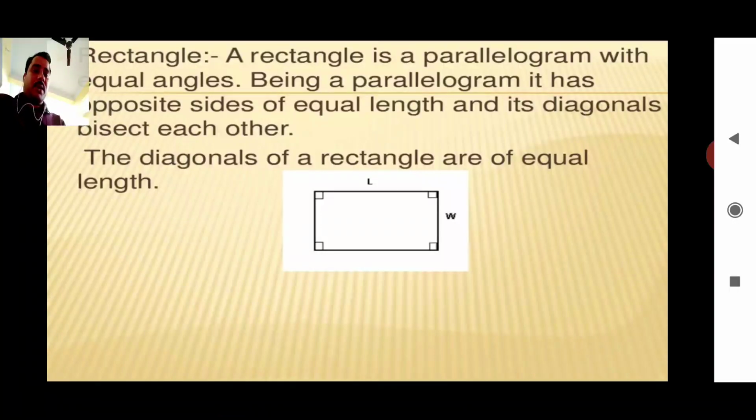In a rectangle, we generally say that opposite sides are equal and all angles are 90 degrees. Opposite sides are equal and parallel, so it is also a parallelogram. So, a rectangle is a parallelogram with all angles 90 degrees.